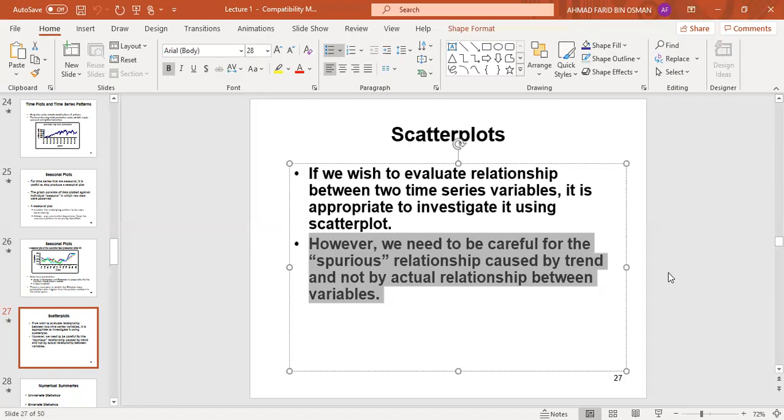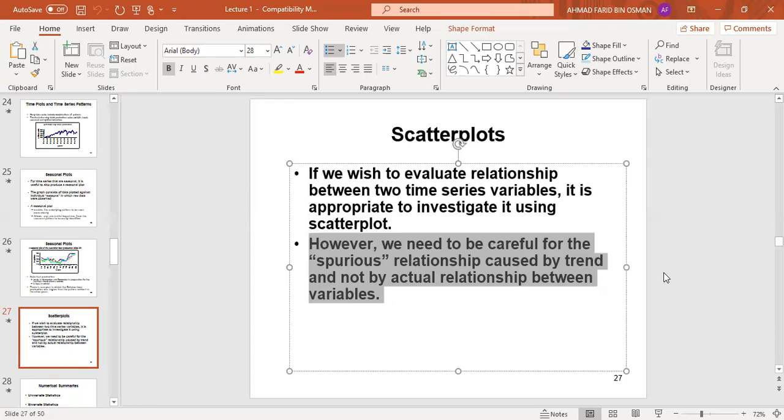The two things are not related at all, but because of inflation, because of the trend. Normally the trend of inflation keeps increasing. The price of items keeps increasing every year. Most of the time, not necessarily always, prices increase because of inflation.